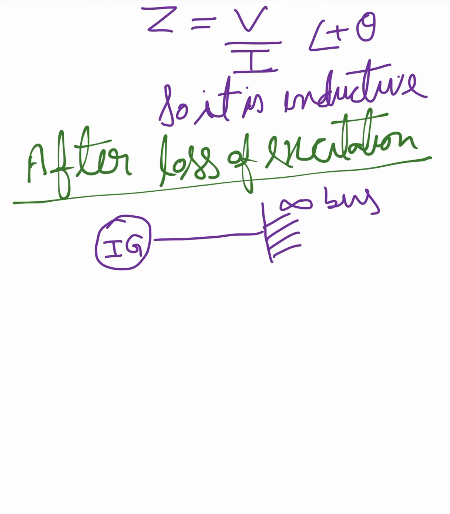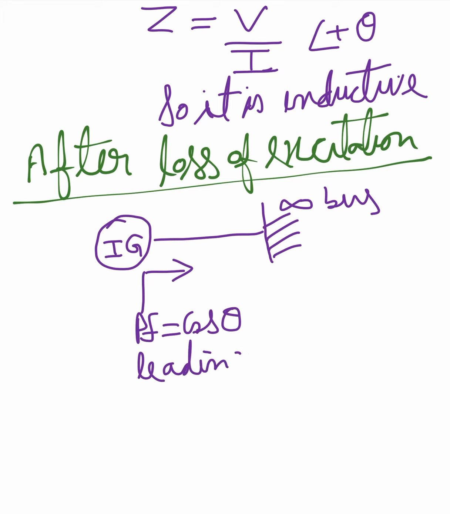Here the power factor PF is equal to cos theta, and cos theta here is leading, and the impedance Z is equal to V upon I, which is equal to R minus jX, that is capacitive.